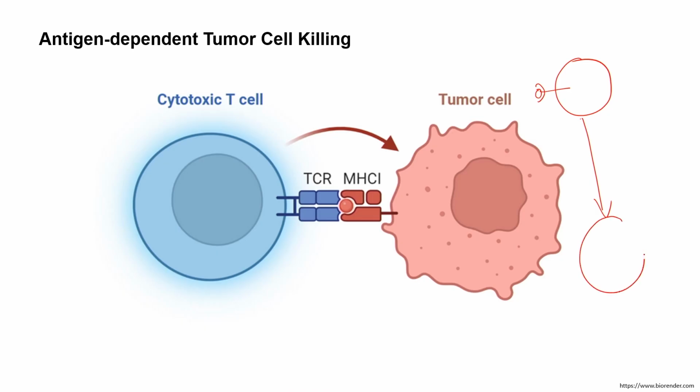Suppose this cell becomes cancerous and starts producing a couple of extra proteins on its surface which were absent in the wild type or native cells, and therefore these act as antigens. If they are presented through the MHC1 molecule, they can be identified as foreign in nature, because the body thinks that these are non-self, not expressed by the normal cell.